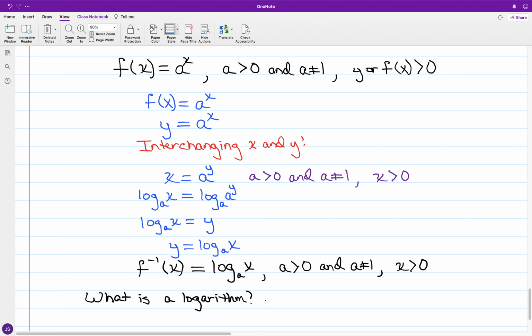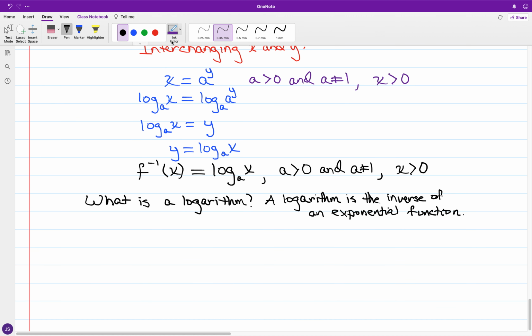By definition, a logarithm is going to be the inverse of an exponential function. Okay, and just to give you a bit of a sample here.